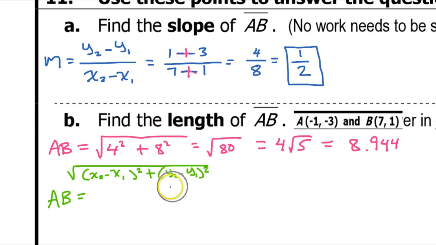Okay, that's the distance formula. So I could just use that. So if I think of it that way, that's going to be my 7 minus negative 1 squared, 1 minus negative 3 squared.